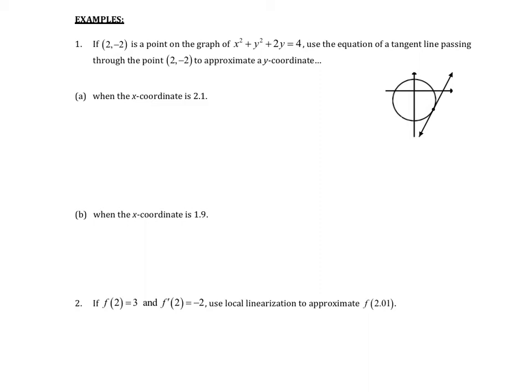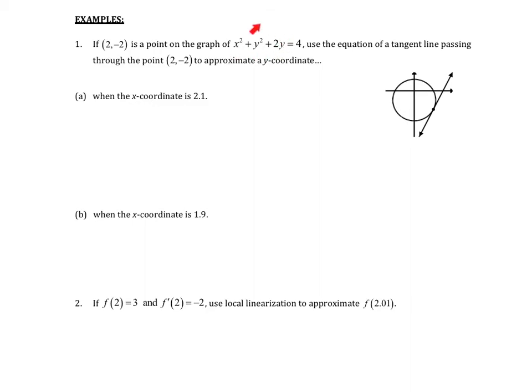So let's look at an example. In this first example, it says, if (2, negative 2) is a point on the graph of x squared plus y squared plus 2y equals 4, use the equation of a tangent line passing through the point (2, negative 2) to approximate a y coordinate when the x coordinate is 2.1, or when the x coordinate is 1.9. Here's a visual of this.